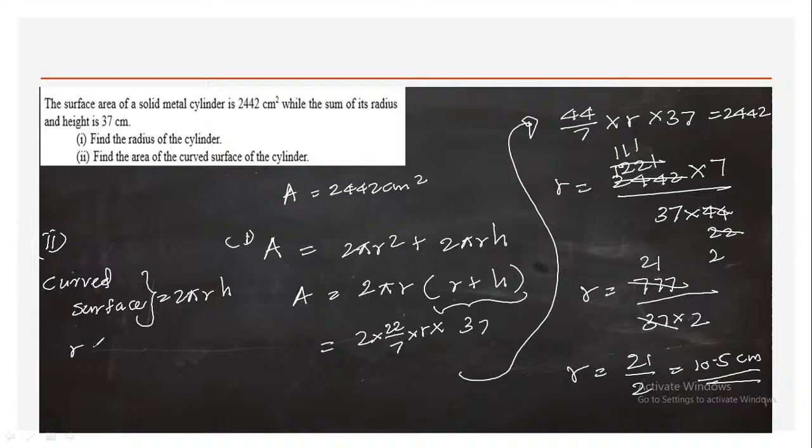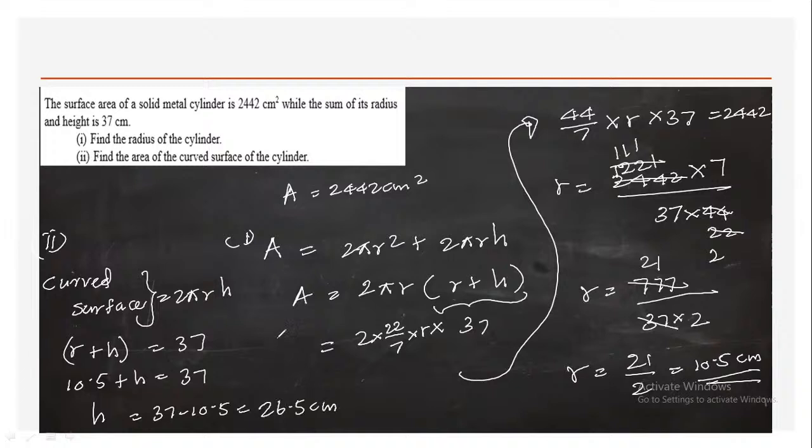They have given radius plus height equals 37. Now the radius 10.5 plus h equals 37. Height equals 37 minus 10.5. That is how much? 26.5 centimeter.